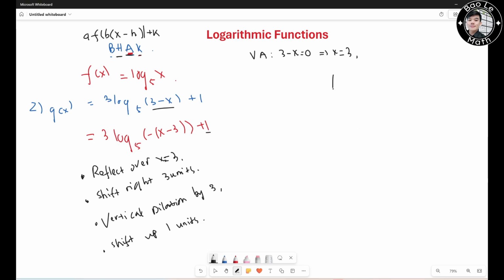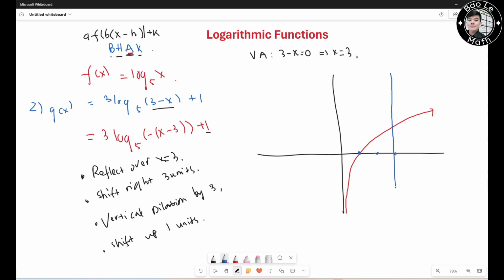Alright, so now we're going to graph this one. So we have the original function is going to be like this. The vertical asymptote is going to be 3. So this is 1, 2, and 3 right here. Alright, so we draw a vertical asymptote. Alright, now we just get the new one. So the new one should be something like this.